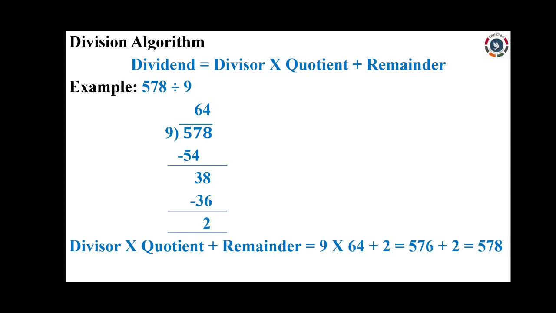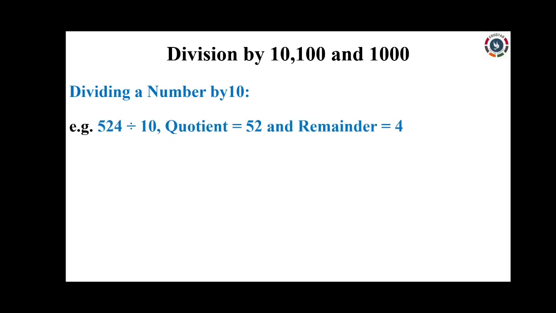Next, division by 10, 100 and 1000. Dividing a number by 10. When we divide a number by 10, the remainder is the ones place digit.